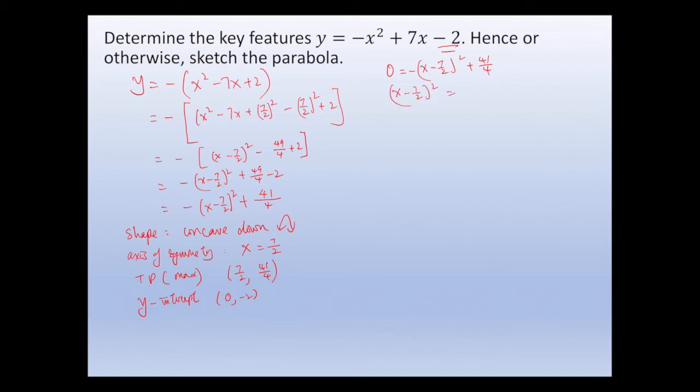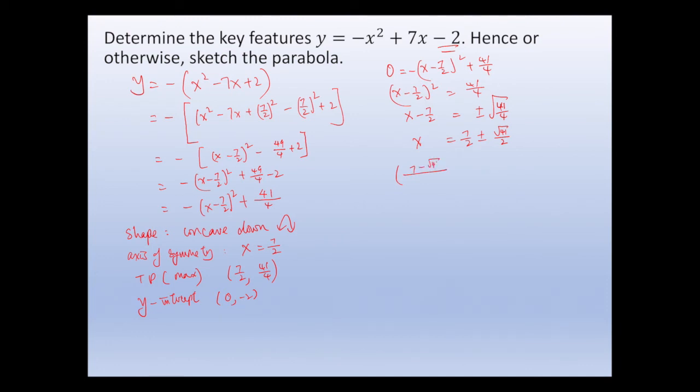So rearranging, we've got (x minus 7 over 2) squared equals 41 over 4, which means x minus 7 over 2 is plus or minus square root of 41 over 2, and x is therefore 7 over 2 plus or minus square root of 41 over 2.